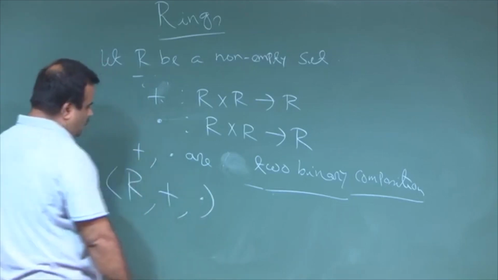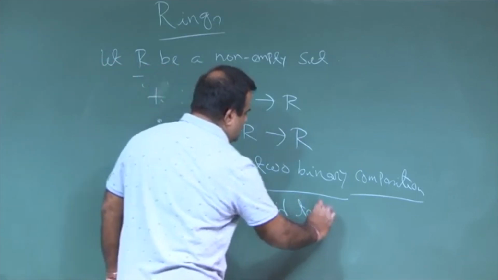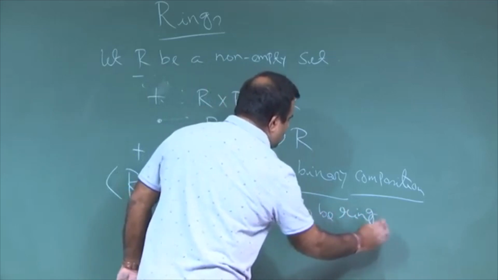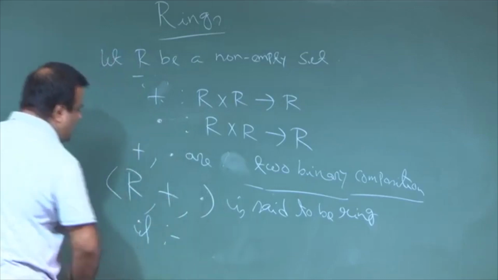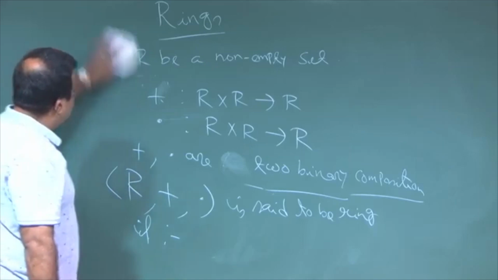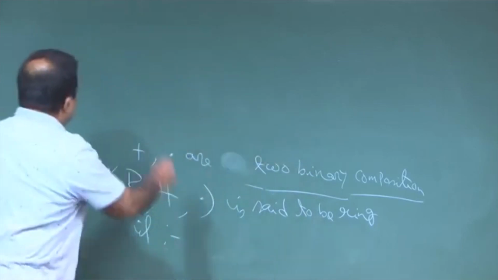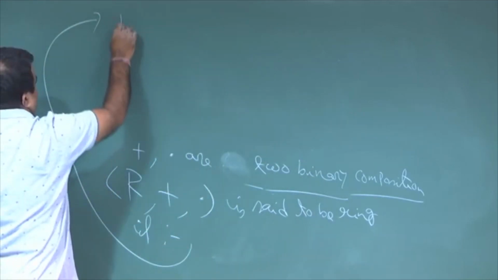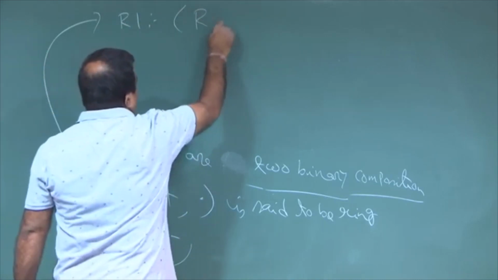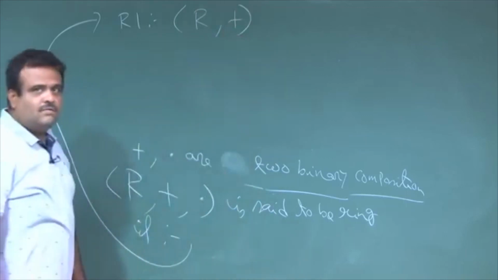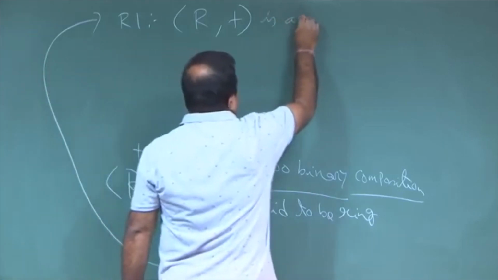Now, this set along with these two operators will form a ring. R is said to be a ring if it is satisfying certain properties. So what are those properties? First of all, this R and the first operator, the additive sense operator, should be an abelian group, a commutative group.